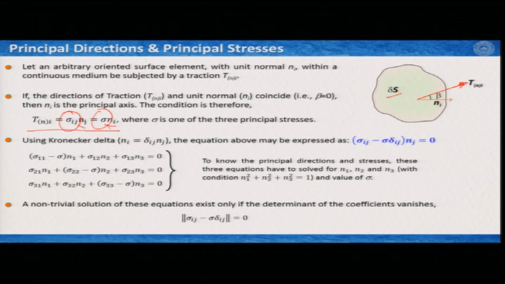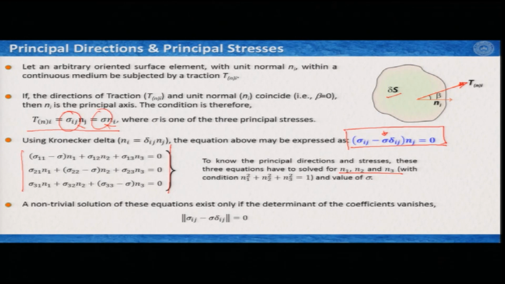Now, to do that you can figure out an equation. I am not going into the details of how to get this equation, where you get this particular term sigma involved here, and if you expand this equation in 3 directions, you would get things like this, and based on this you actually have to calculate the 3 directions which are your principal directions.